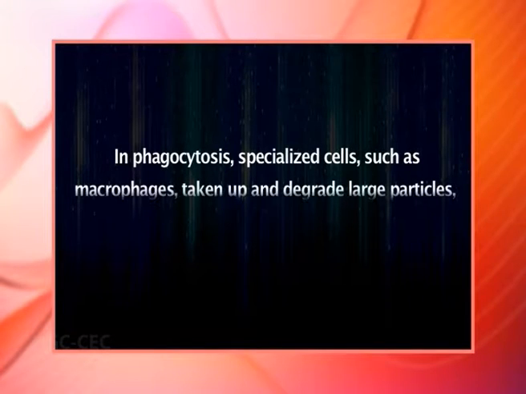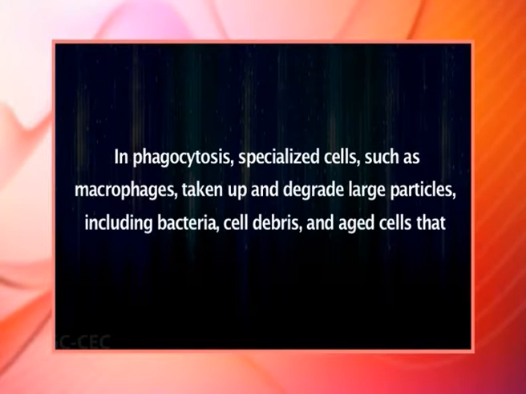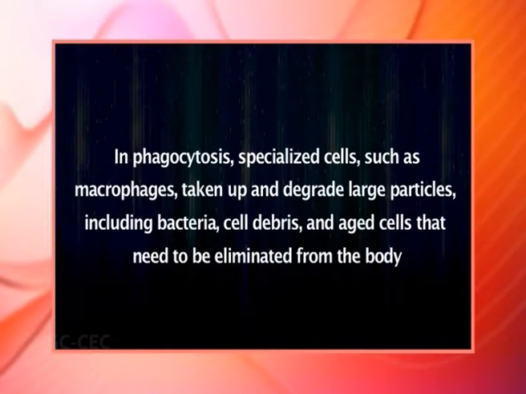In addition to degrading molecules taken up by endocytosis, lysosomes digest material derived from two other routes: phagocytosis and autophagy. In phagocytosis, specialized cells such as macrophages take up and degrade large particles, including bacteria, cell debris and aged cells that need to be eliminated from the body.